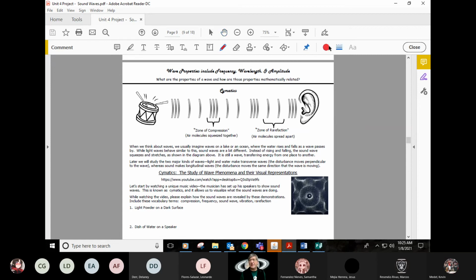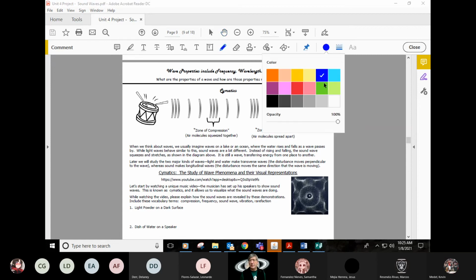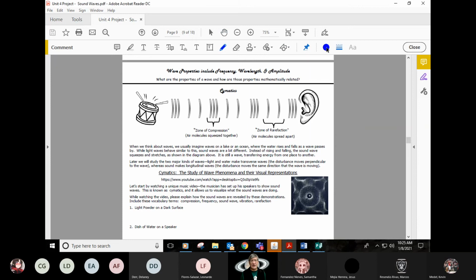Now, most of the time when I think of waves, I don't know about you, but I think about waves on a lake, right? Something like that. And this is actually very much like light waves, but it's not so much like sound waves. There are similarities though.